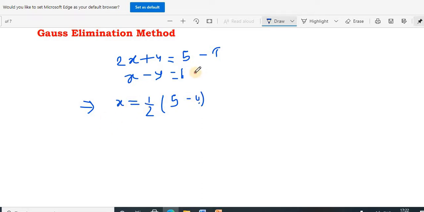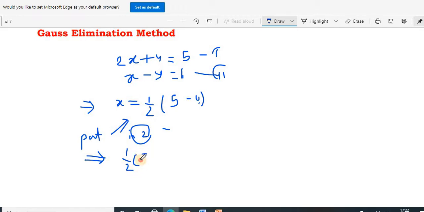And I put this value of x in equation 2. What am I getting? Equation 2 becomes: here x is 1 by 2 times 5 minus y, and I substitute this value of x, minus y is equal to 1.